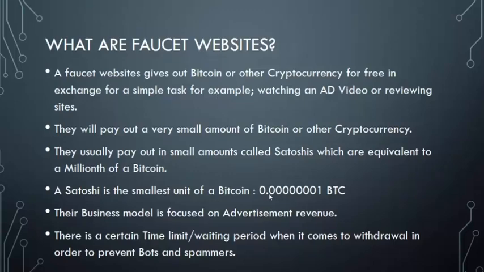That does not mean they'll pay out one satoshi. They'll pay out a few, let's say 20 satoshis, and maybe even 100 satoshis, depending on the type of task that you're doing. But the value of the payout also depends on the current value of Bitcoin.